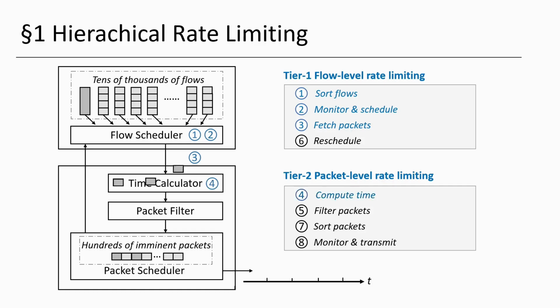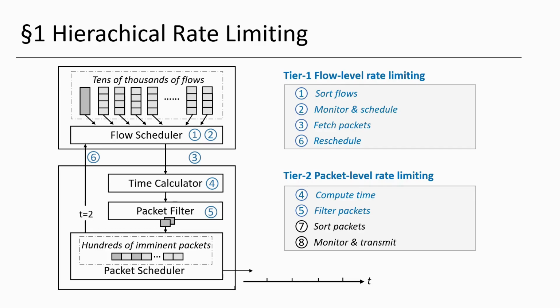Then, compute transmission time. After fetching the packets, the time calculator computes the packet transmission interval and the packet transmission time based on the packet size and the rate limits. Next, filter imminent packets. From the fetched packets, the packet filter picks imminent packets that are close to being sent. The rest of the packets are dropped and refetched next time.